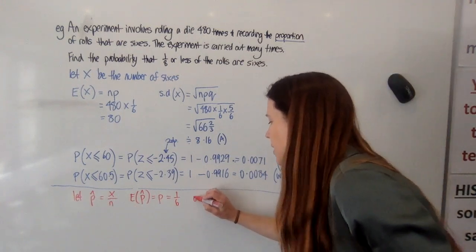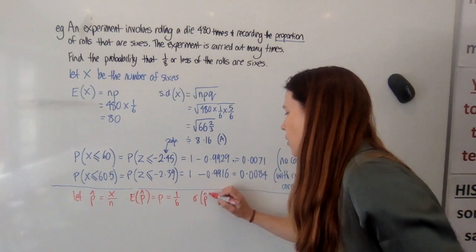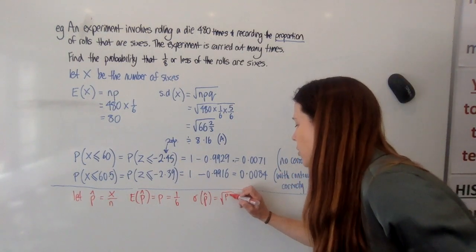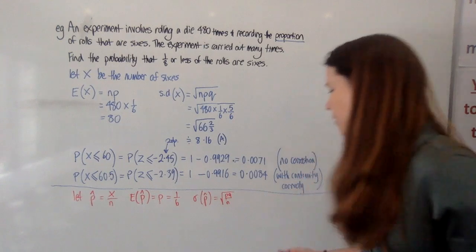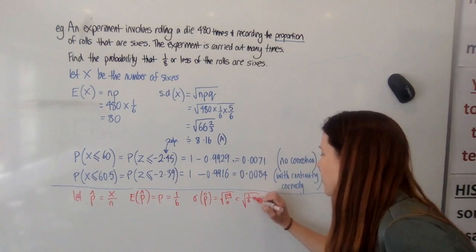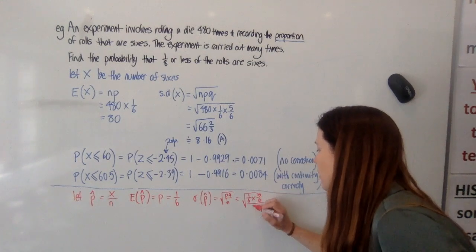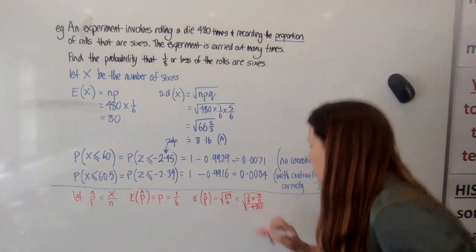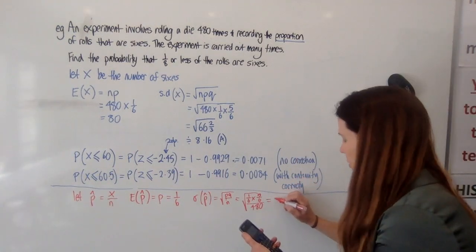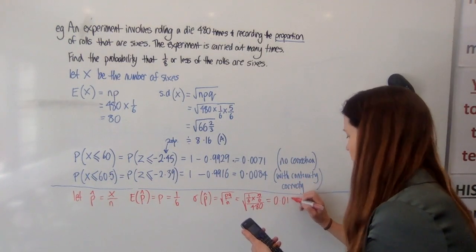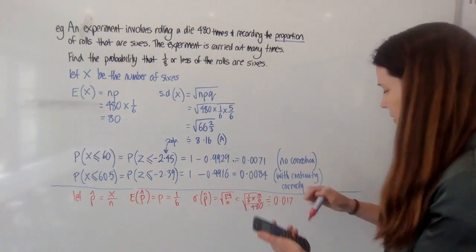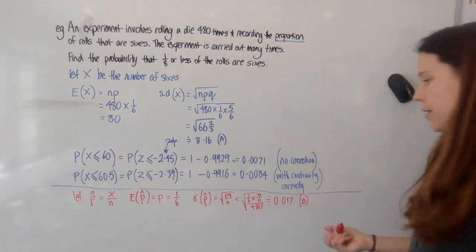And we can say that the standard deviation of that proportion, we had a formula for that, it was the square root of PQ over N, which in this case is the square root of 1/6 times 5/6 over 480. For this I get a value of 0.017 or so, roughly. Let's save that as B in the calculator.